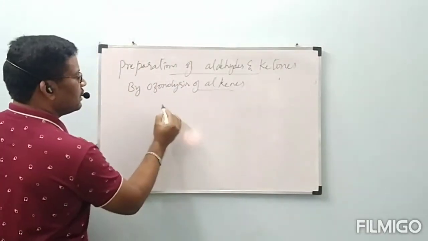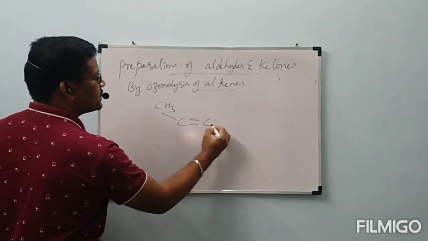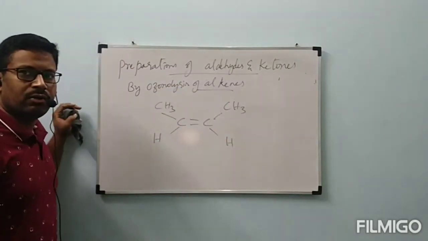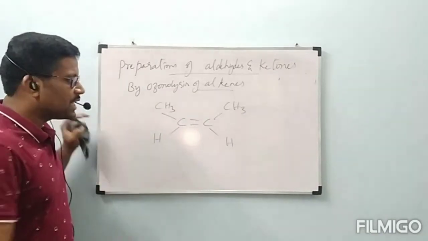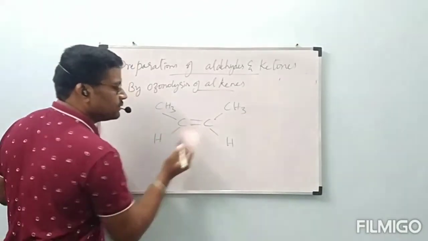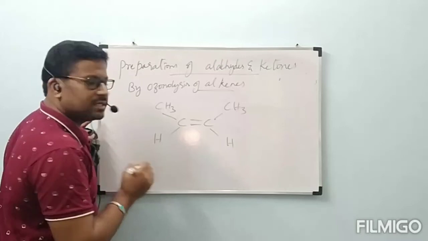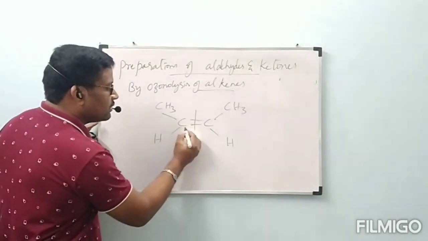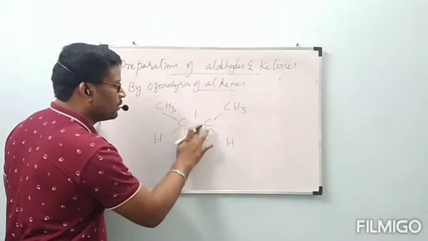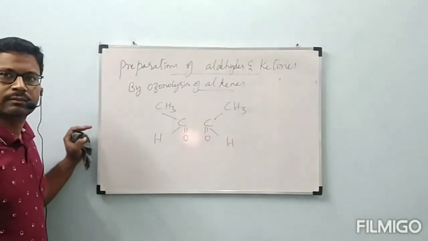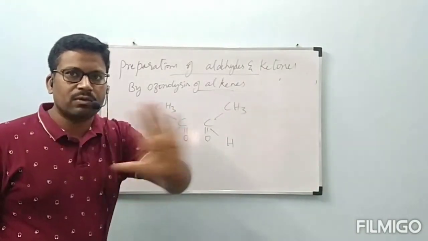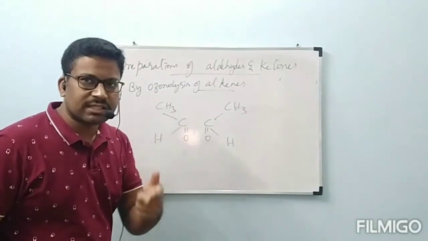Any alkene we can take, CH3CH=CHCH3. This is 2-butene. If this undergoes ozonolysis, I am not writing the total steps here. Simply concentrate on the double bond. Where the double bond is present, break the double bond and write C=O for the left side carbon and C=O for the right side carbon. Whatever compound they give, just concentrate on the double bond.